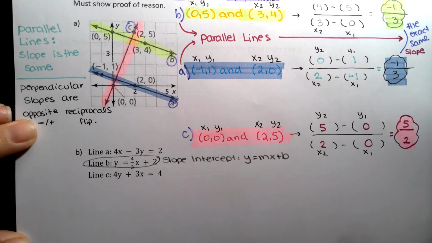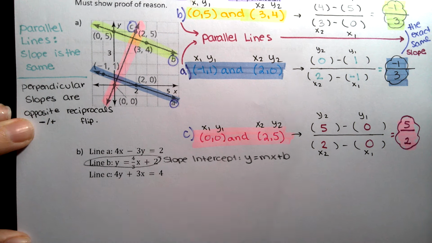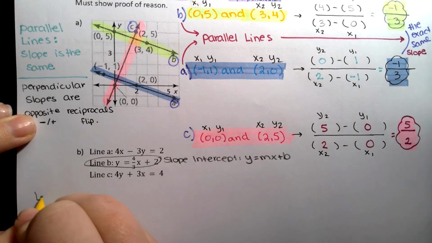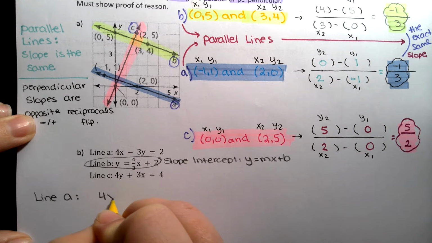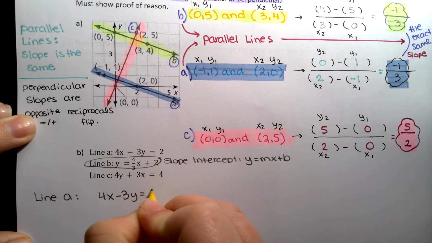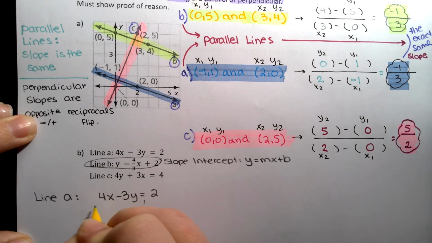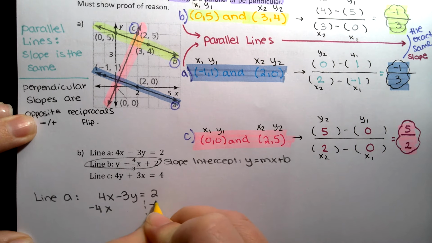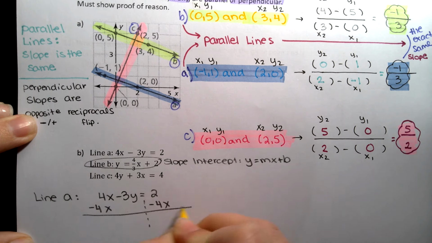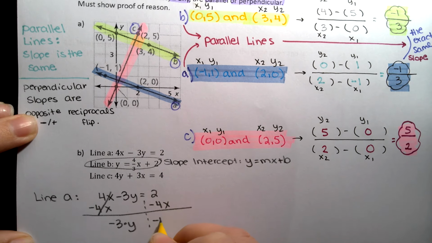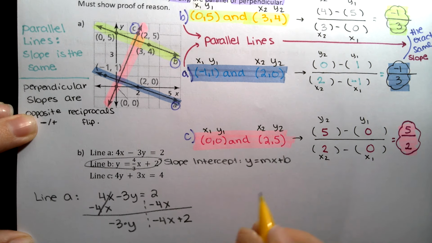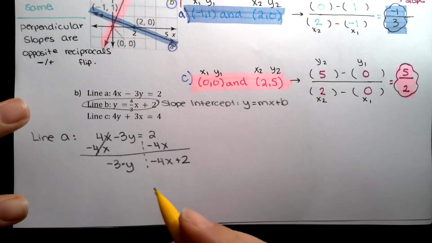Please memorize your formulas, okay? So we need to convert line A, which is 4x minus 3y is equal to 2. So I'm going to solve this really quickly and get y by itself. So I'm subtracting 4x, kind of like we did with literal equations, where I'm just moving things around. I'm not really doing much.